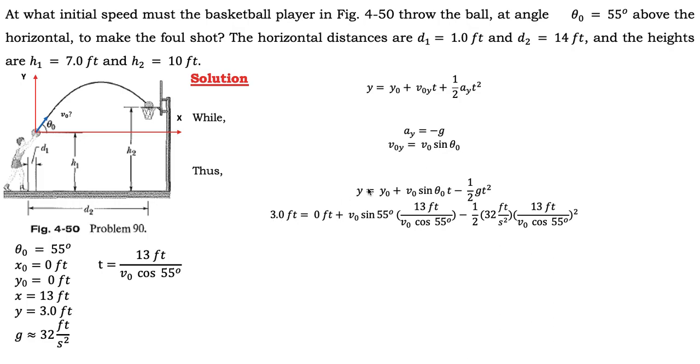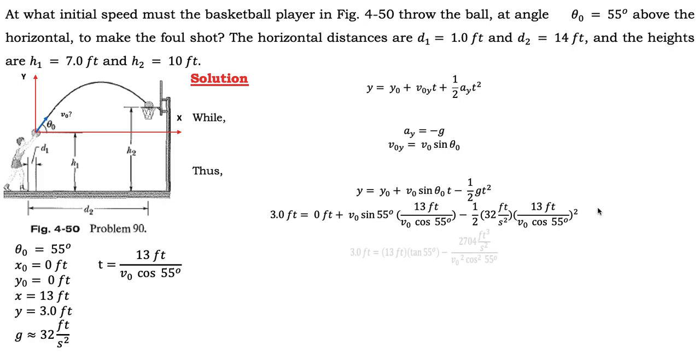So we get the final position 3.0 feet, initial position 0 feet, v0 sin 55 degrees, and t using this, minus a half g, 32 feet per square second, and t substituted, squared.